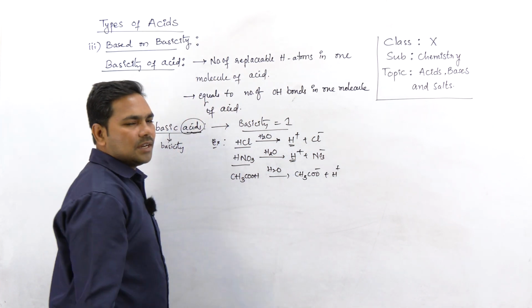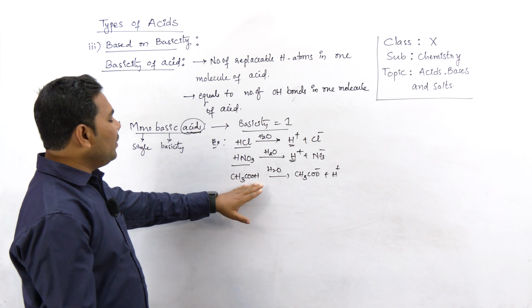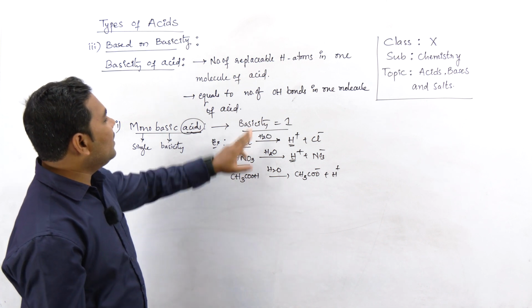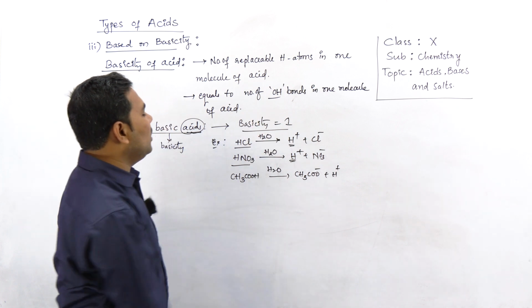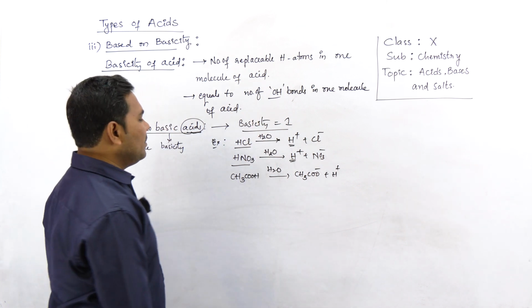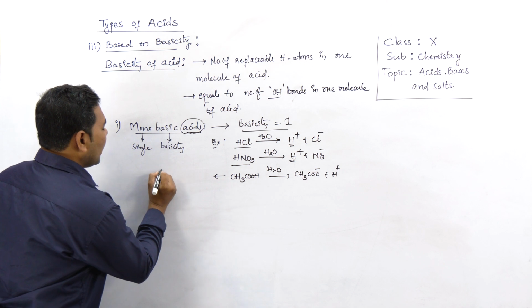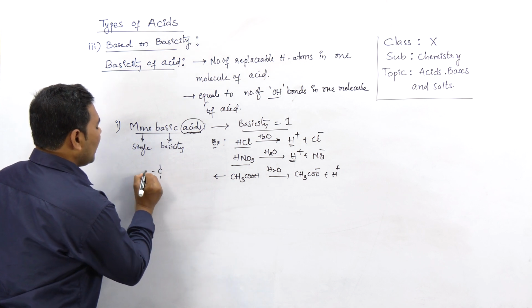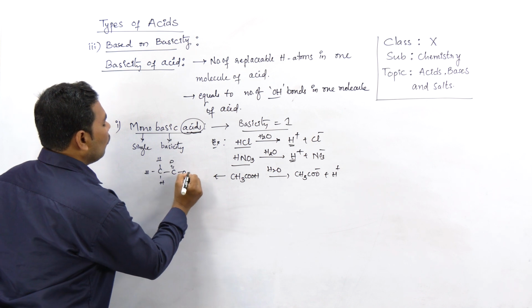Sir, how do we understand that this produces only one hydrogen? If we know its structural formula, then by identifying the number of OH bonds present in one molecule, we can identify its basicity. For example, CH3COOH.